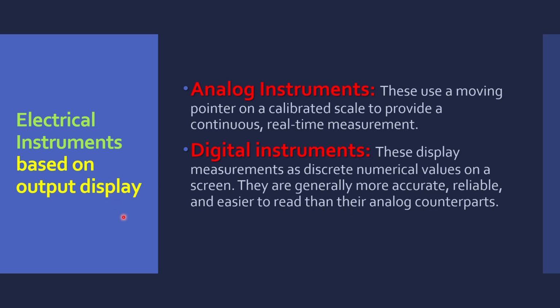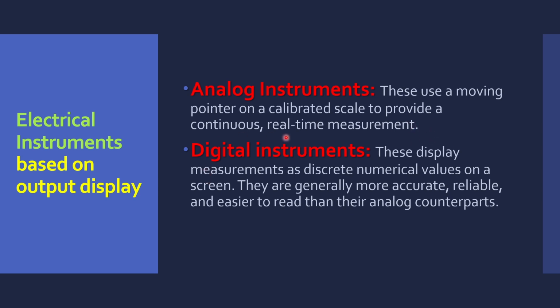So electrical instruments based on the output display are analog type and digital type. Analog type instruments use a moving pointer on the calibrated scale to provide a continuous real-time measurement of the measured quantity.